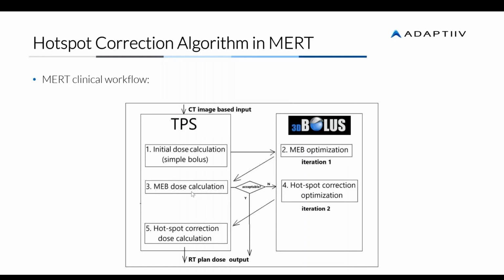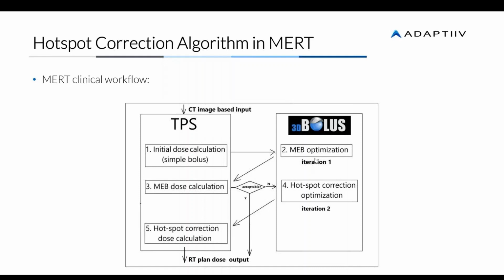When the dose calculation is performed, there are two paths you can take. The first is if you are satisfied with the dose calculation, or if you do not have any hotspots, then your plan is done, and you can export the STL file from the MEB module, 3D print it, and go to the function.